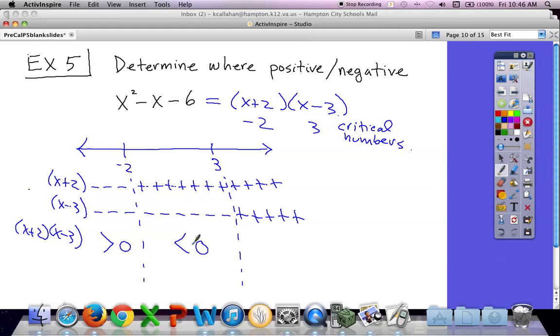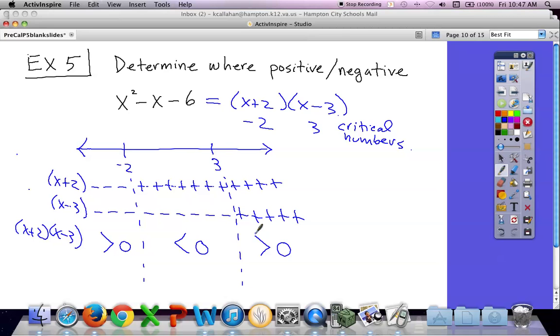And when x is greater than 3, they're both positive, so the whole thing is positive. You could notice that at the critical numbers, the whole expression changes sign, right? So it's greater than 0, less than 0, greater than 0.